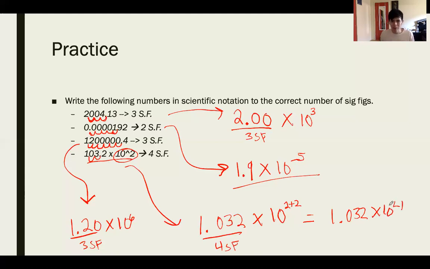So you can see how adding the exponents becomes crucial when you have complex numbers like this. I took the fact that we moved the decimal place to the left 2 right here, and I also took into account that this number was being multiplied by 100 here. Then I added those 2 together, and that's how I got 10 to the power of 4.